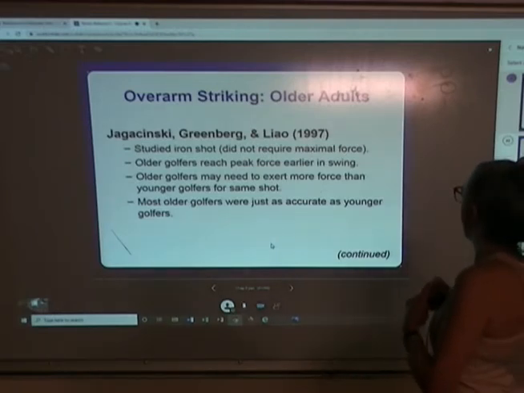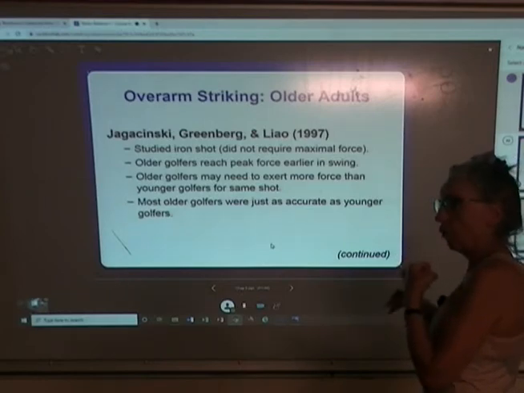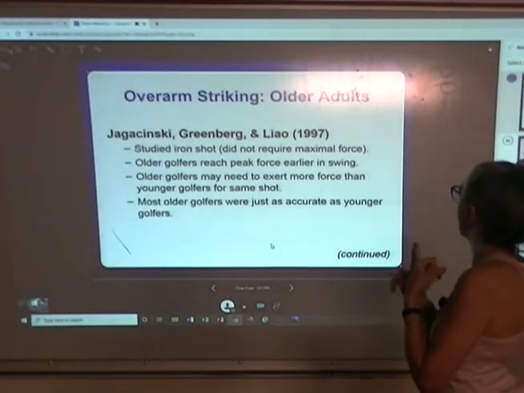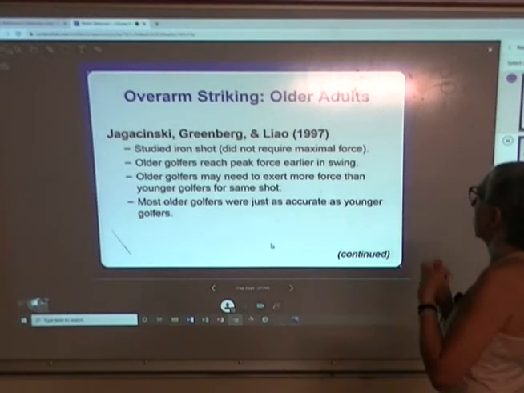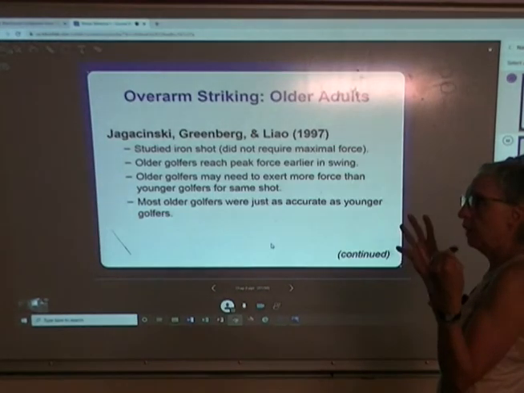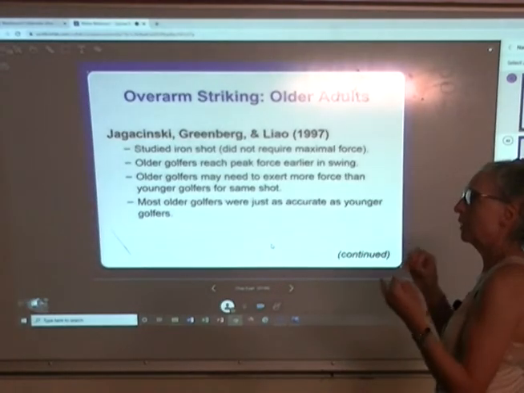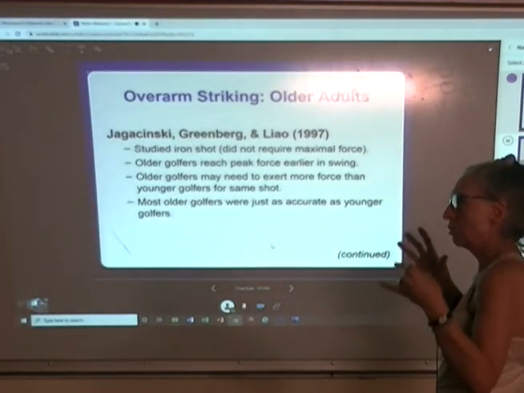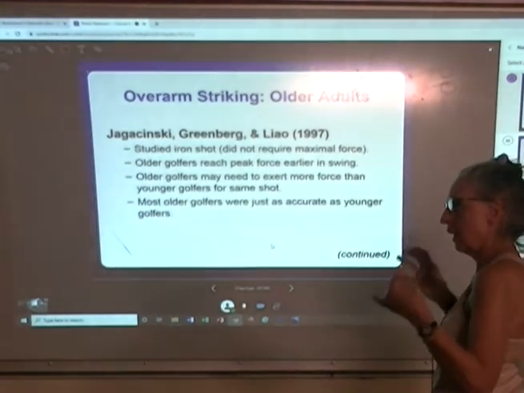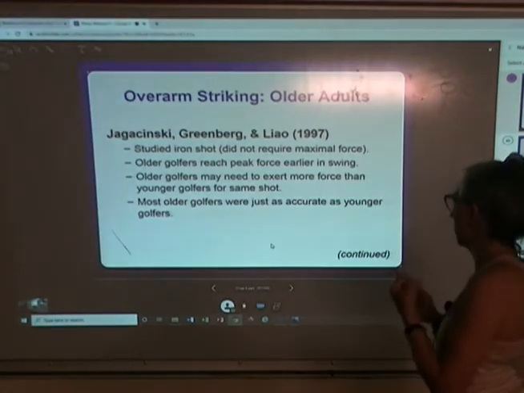So they've got good accuracy in golf shots with older adults. Remember that they're losing type 2 muscle fibers, so they may have to exert more force or as much force as they can using different muscle fiber types.